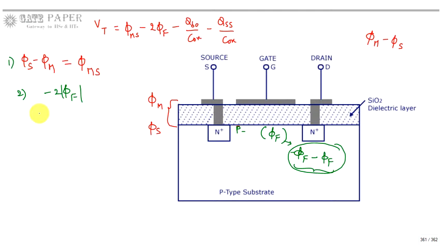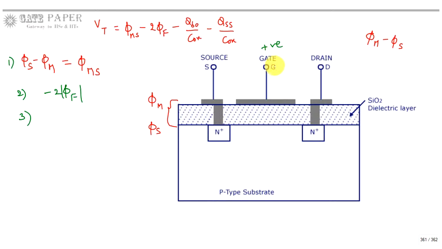And the third one is very, very important, QB. QB is going to be called the bulk charge. Okay. What is meant by this bulk charge? You are applying the gate voltage as positive.